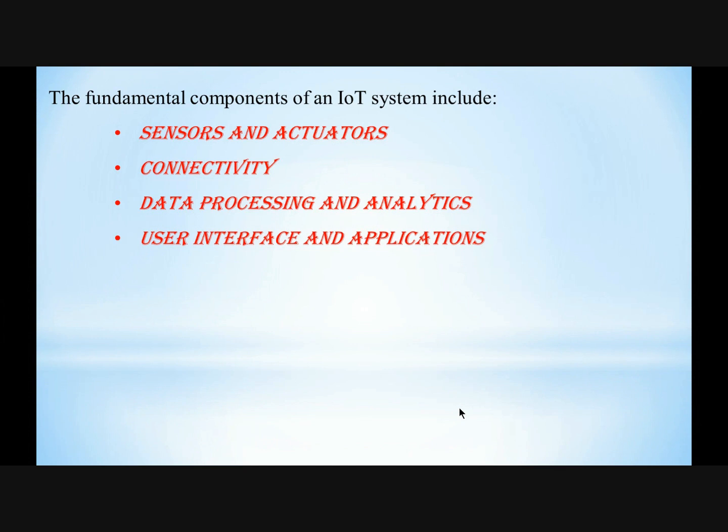Choosing which connectivity is best depends on the application. But they all accomplish the same task, that is getting data to the cloud. Whatever data is sent is moved to or stored in the cloud. So that is the work of the connectivity part.